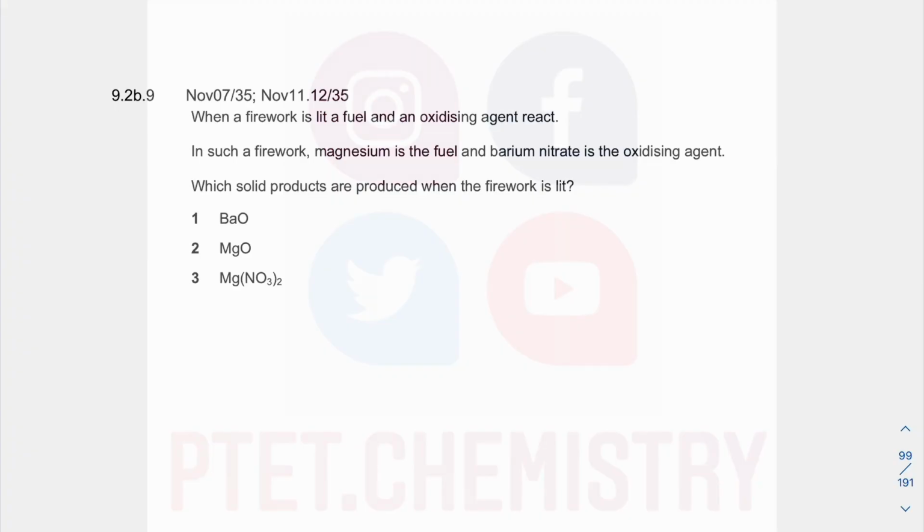In this question 9, we have a firework, and when we light it, a fuel and an oxidizing agent react. So in this firework, magnesium is the fuel, barium nitrate is the oxidizing agent. What happens is that you can imagine the magnesium being oxidized by this, so you will no longer get the magnesium.